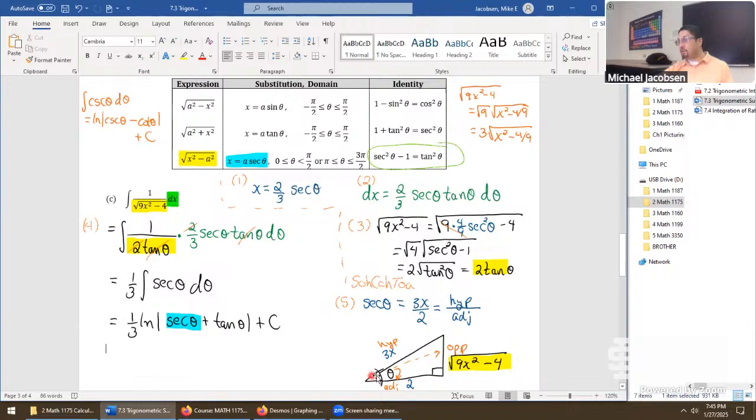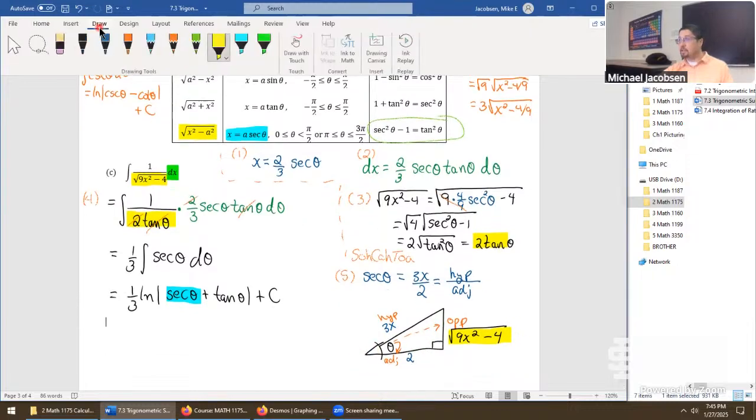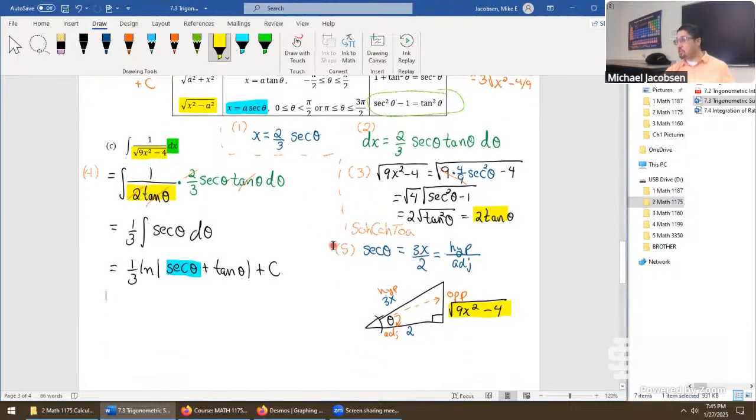If we've done everything right to this stage, as far as the substitution is concerned, we should be able to take the square of this side, set it equal to the square of this side, set it equal to the square of the square root on this side.